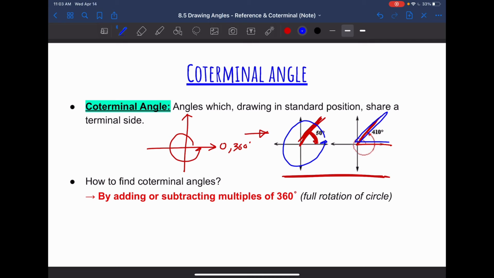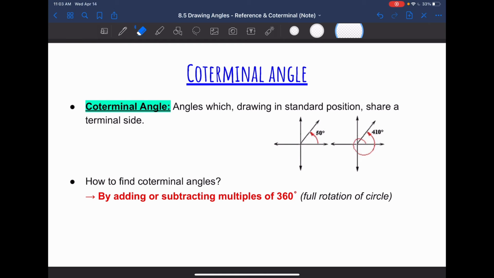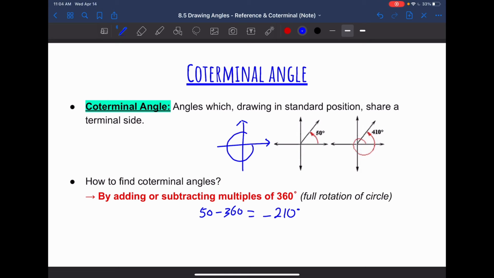So basically 50 and 410 degrees are identical. Which means for coterminal angles, you can have multiple. You can keep adding 360, 360, 360, or you can subtract 360. So for example, 50 minus 360 will be how much? Negative 310, right? So negative 310, let me start from here. It's going this direction.